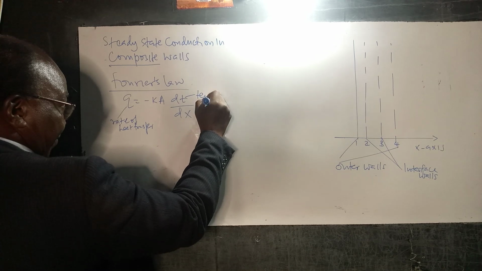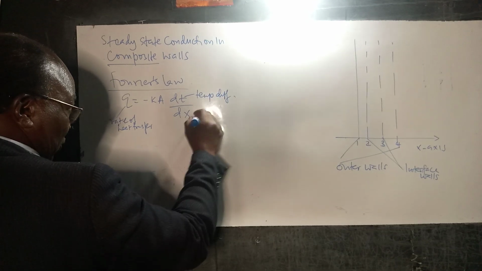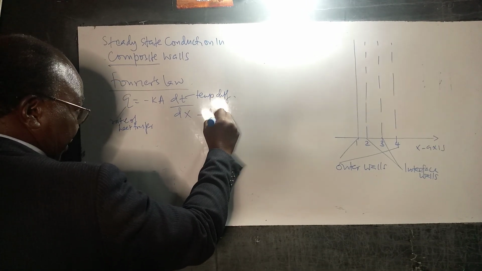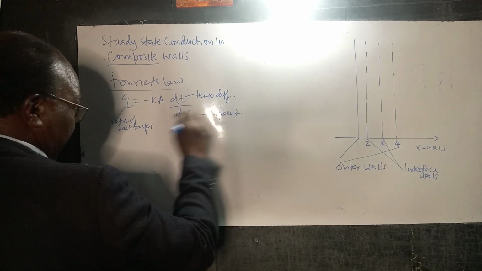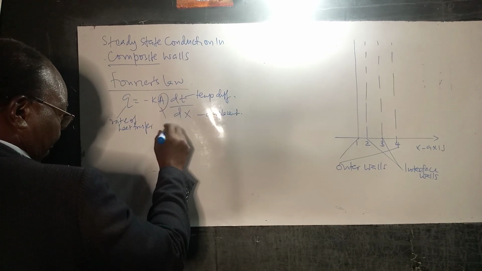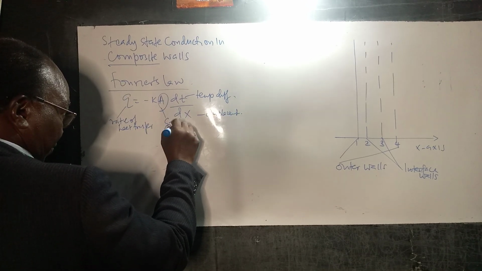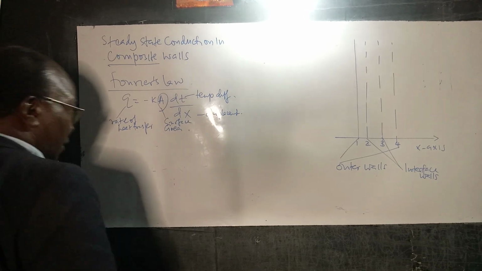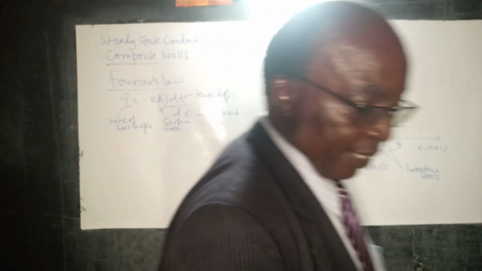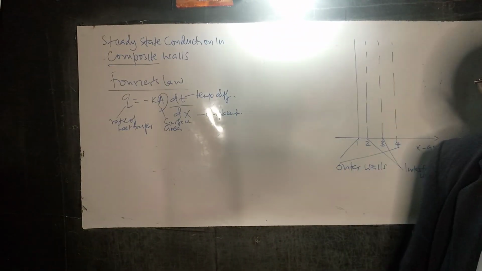That is the temperature difference. That's the displacement. A is the area of activity, the surface area. K is a coefficient involved in relation to the thermal transfer, so you can call it the thermal transfer coefficient.